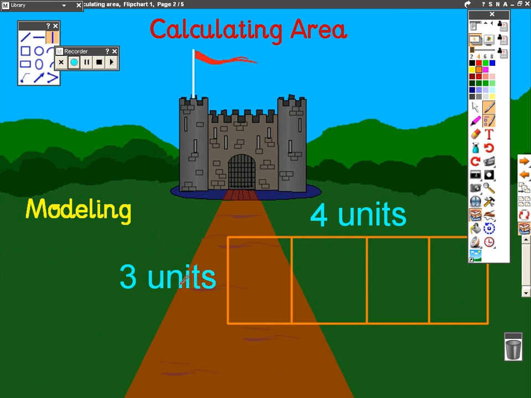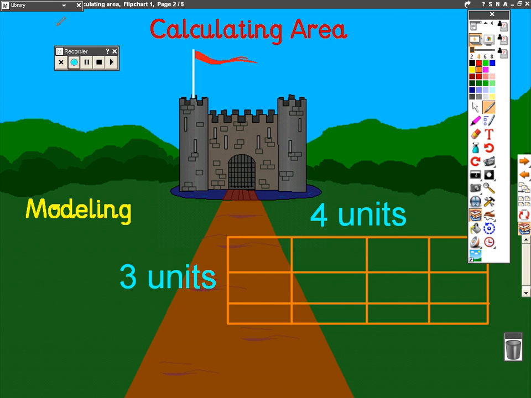Now my width is 3 units. So I'm going to break my width into 3 equal parts. 2 lines will give me 3 equal parts. Okay? 1, 2, 3. Now I'm going to number how many square units I have inside of my rectangle.